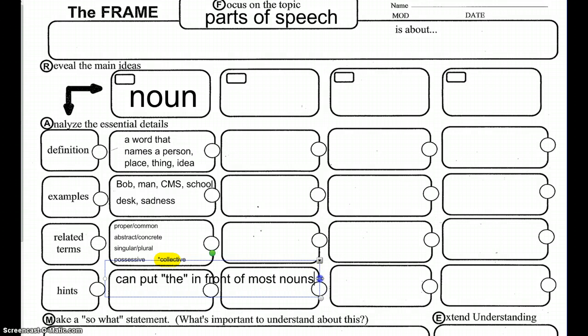So most of those worked with putting the in front of them, except for our proper nouns. And so that seemed to help us make a little bit more of a specific rule that we could use. So when we're looking at a noun, we can put the in front of nouns that are common nouns.